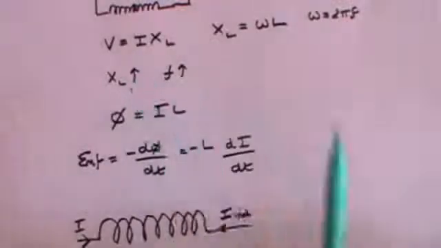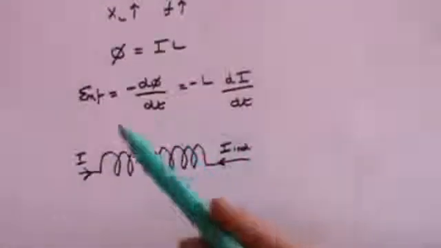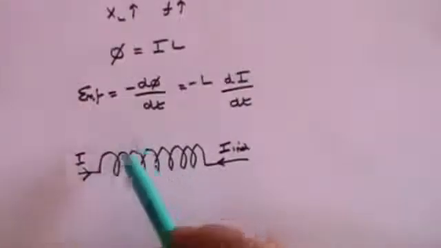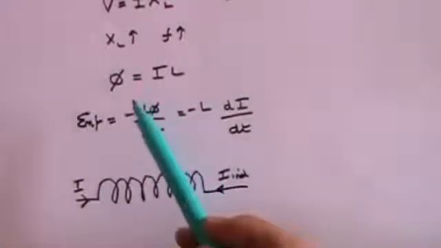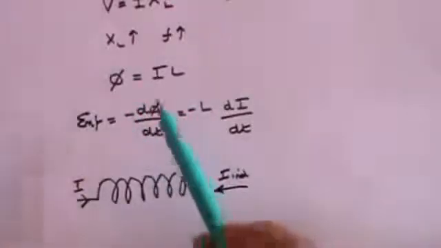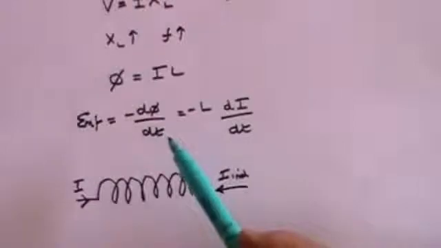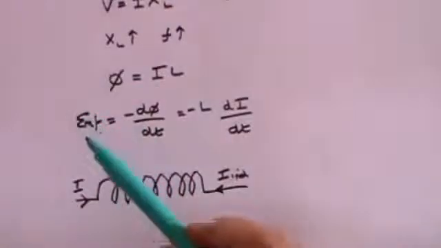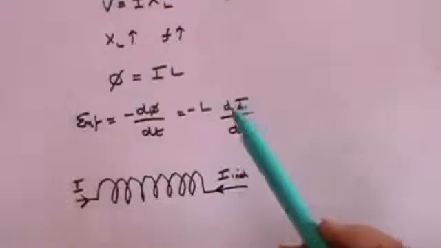Now, why therefore should it be that as the frequency increases, the reactance, the resistive effect of the inductor should also increase? Well, think, the higher the frequency, the more rapidly the magnetic field is changing, which means that the rate of change of flux is greater. So if you have a greater rate of change of flux, you'll have a greater EMF, and that greater EMF will produce a greater induced current.